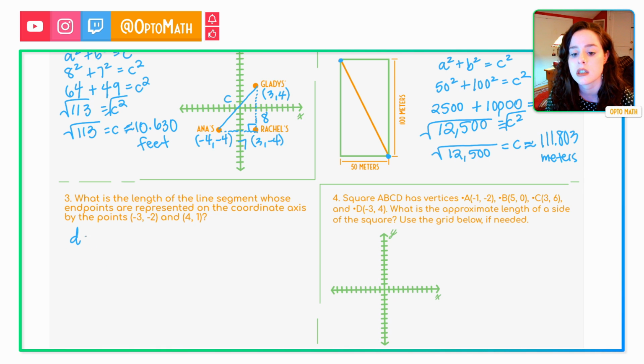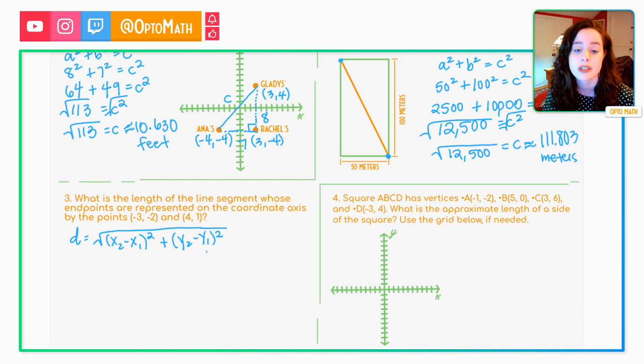So the distance is the square root, and the square root comes from taking the square root of the c squared, of the difference of the x's, which is how you find either a or b, your width piece, squared, like your a squared, plus your b, which is going to be the difference of your y's, squared.